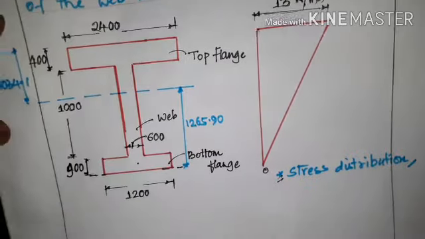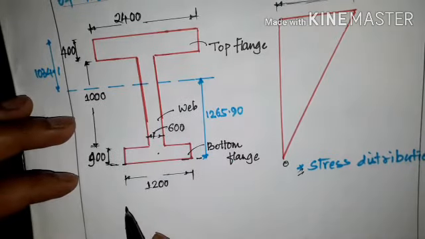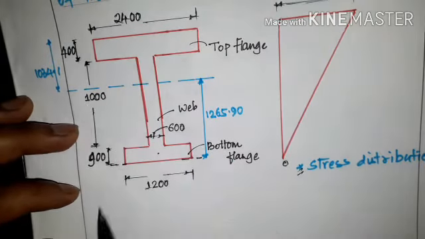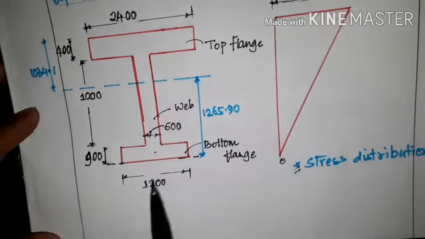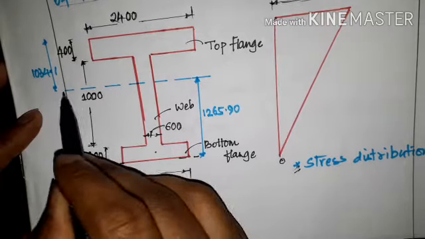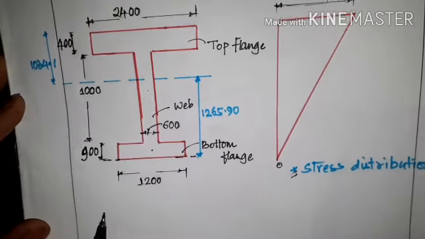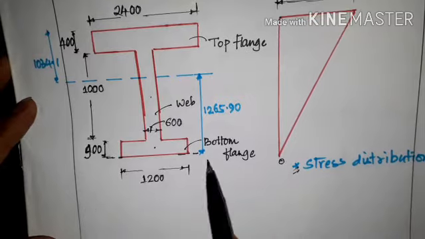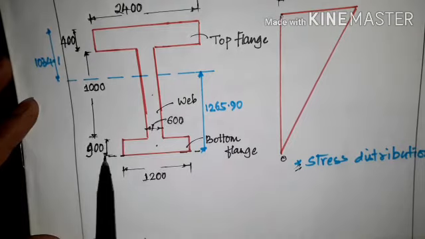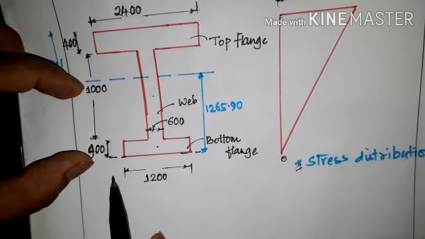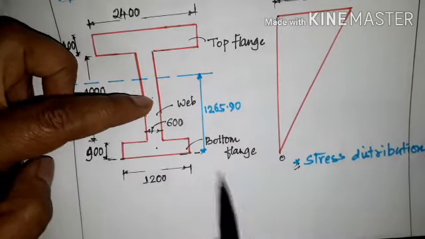Then h2 is the distance from the centroidal axis to the center of the web. How do we get h2? The CG of the web is 1000 divided by 2 plus 900, minus 1265.9.